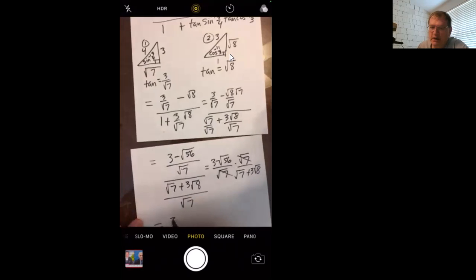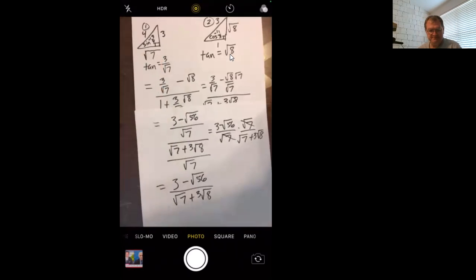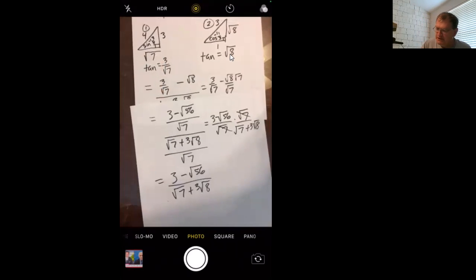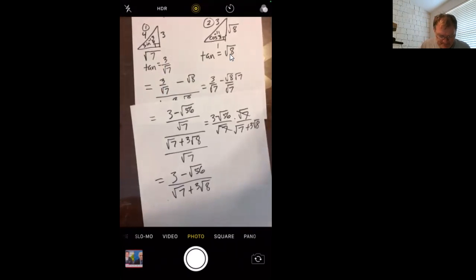And so you get 3 minus square root of 56 over square root of 7, add 3 square root of 8. Surely they won't make you rationalize on that. Oops. Let's see how close that got, and check many of these. Of course, we always use a calculator. 7,253, wouldn't it?